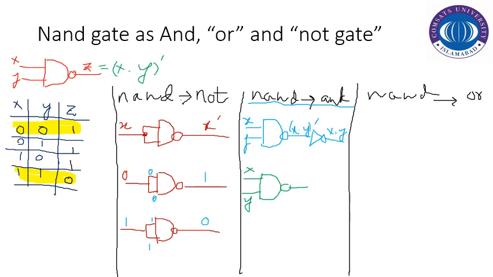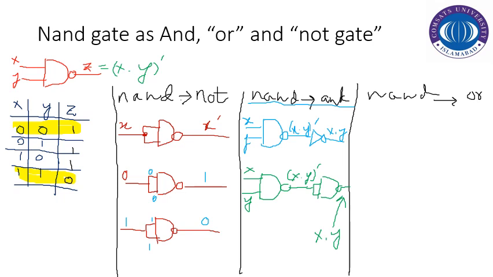Now we have to use this NOT operation, and we know that we can use NAND as NOT gate, so we will use this setup here. Another NAND gate, and we will short the inputs of this NAND gate, and now this setup basically acts as the AND gate. So here the output would be x dot y prime, and here at this point the output would be x dot y. Simple, straightforward.